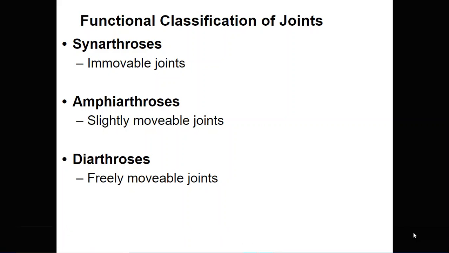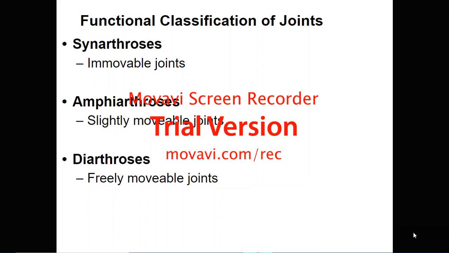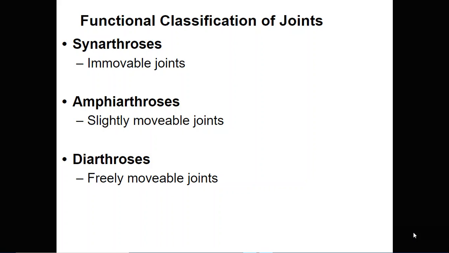The functional classification of joints talks about the amount of movement allowed at the joint. So you have essentially three types of classifications for the functional classification. Synarthrosis, those are going to be your immovable joints, okay?